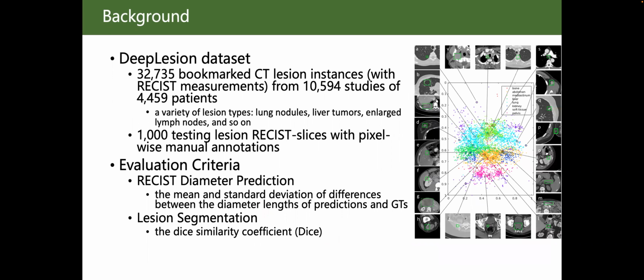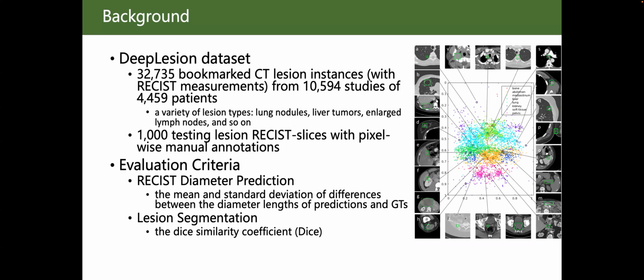So before introducing the proposed methods, I will briefly describe the main dataset and the evaluation criteria that we use. The DeepLesion dataset is mainly used for training and testing of models. It is mined from the bookmarks stored in the NIH PACS.